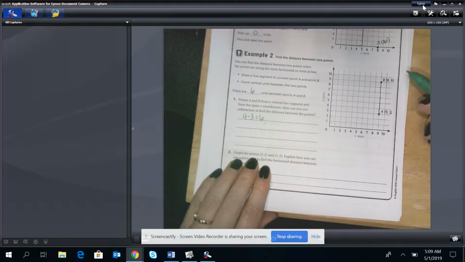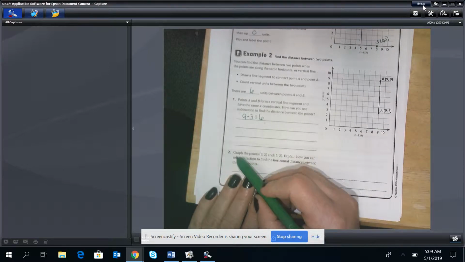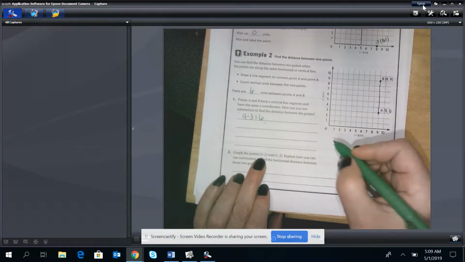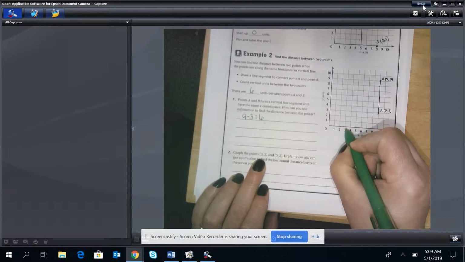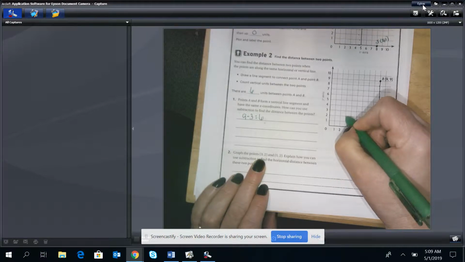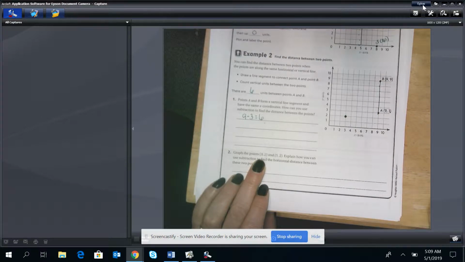So now they're going to want us to graph the point 3. So we go on the x-axis first, over to 3, go right 3, and up to make your origin.